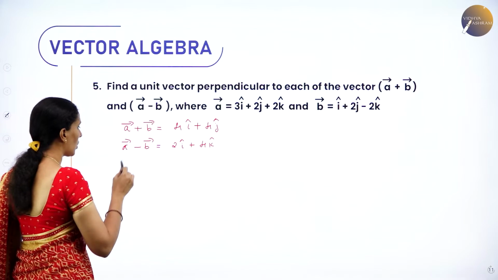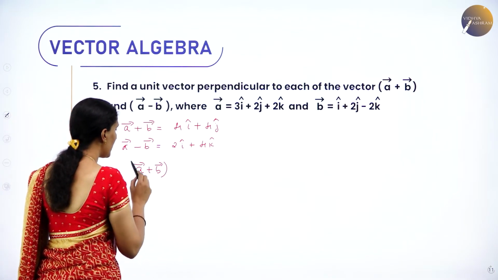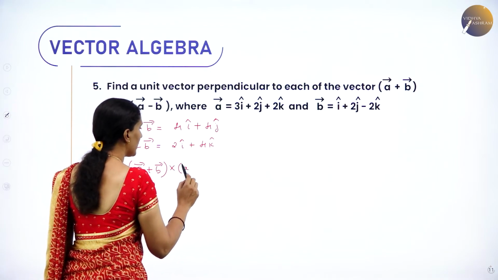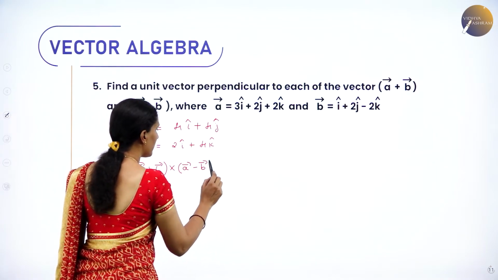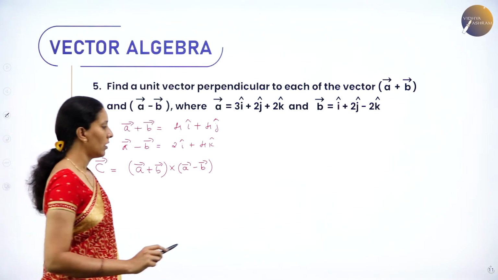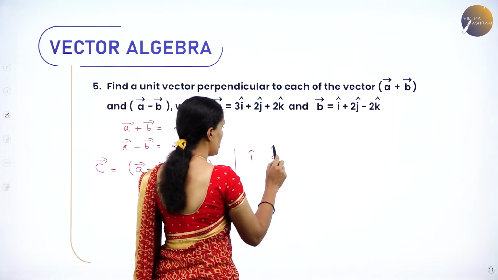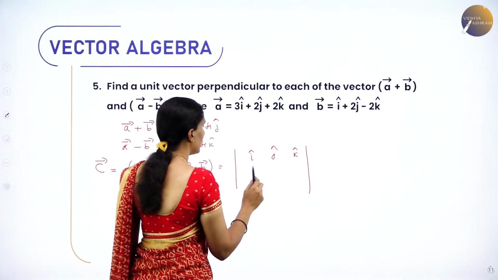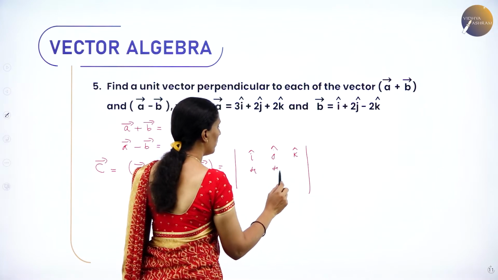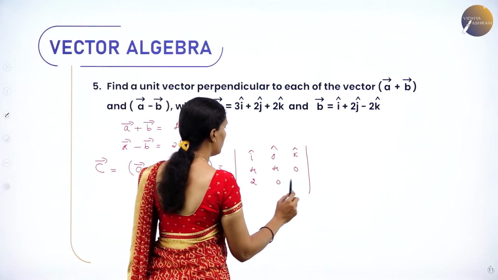Now let's take the cross product of these two vectors, that is vector A plus B cross vector A minus B. I'll take this as vector C. Now this is i, j, k. Here I have 4, 4, 0 and here 2, 0, 4.